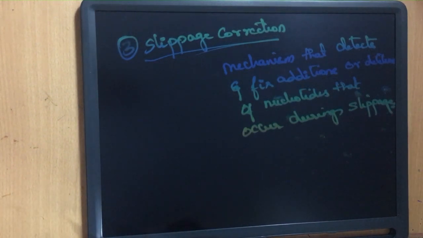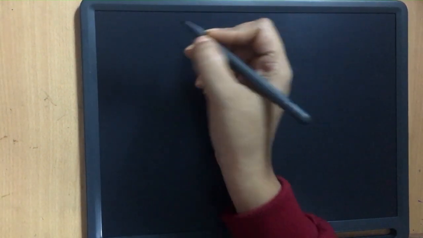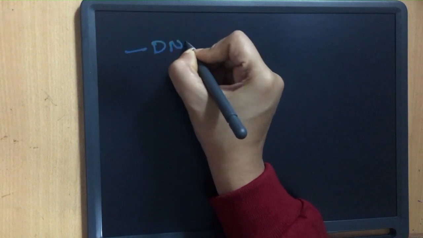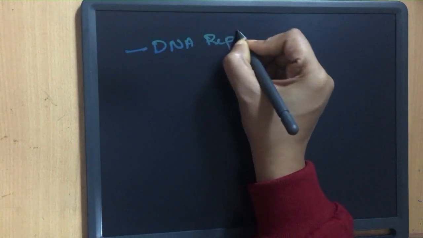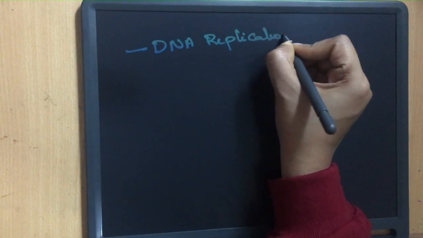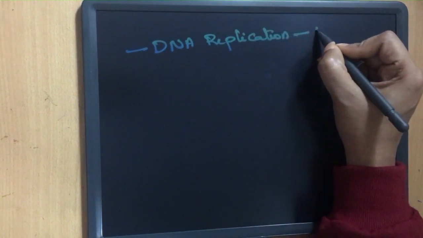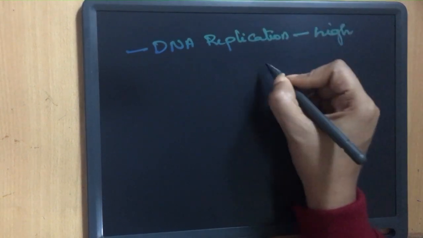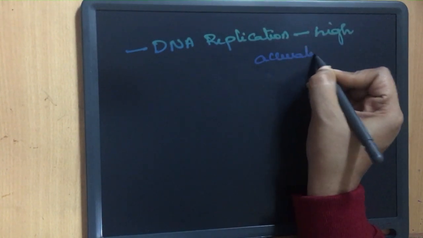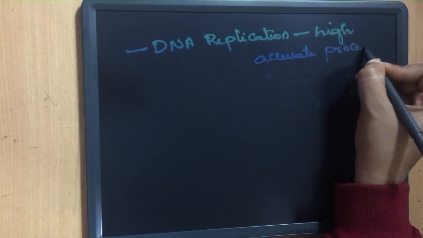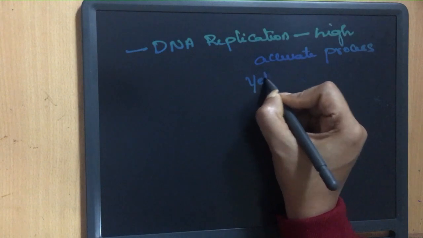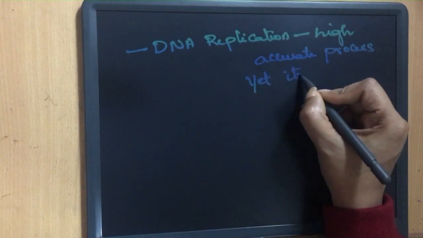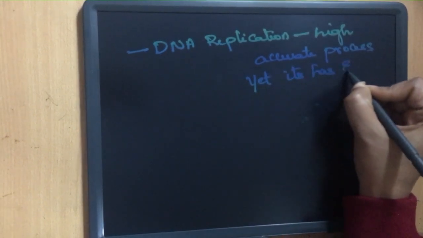Okay. So, these are the three correction mechanisms. Overall, we can state that DNA replication is a highly accurate process, yet it has errors.